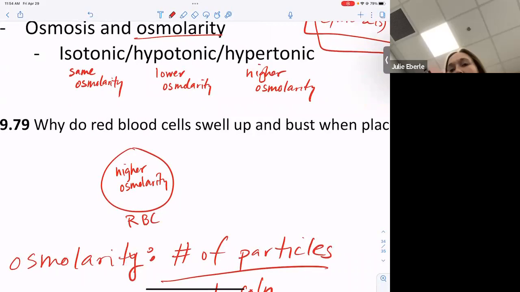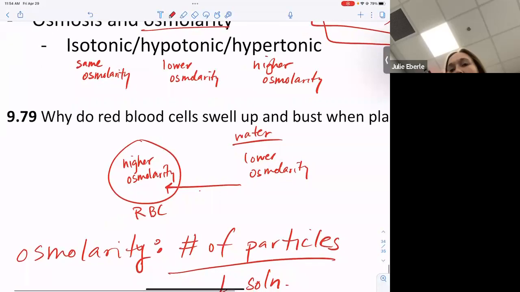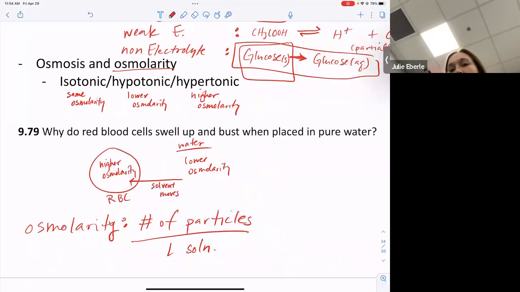And in the surrounding water, which is outside the cell, you have a lower osmolarity. So solvent is going to move from lower osmolarity to higher osmolarity. That's how it's going to move. And it would cause that cell to swell and eventually bust.